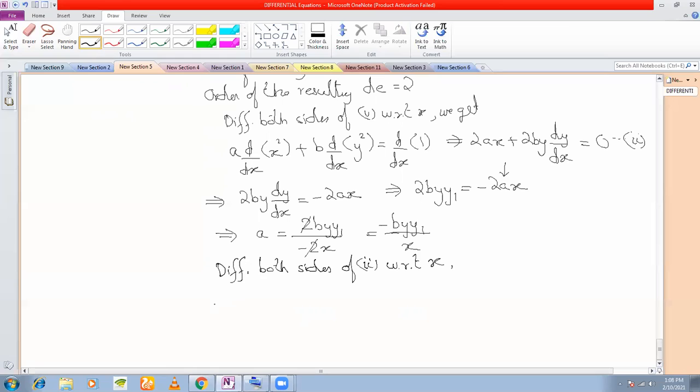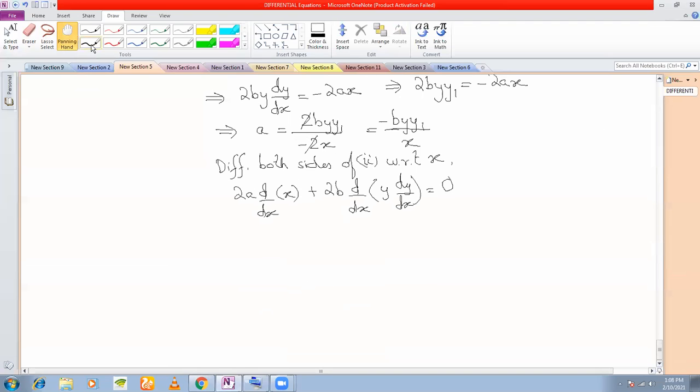What do we get? We get 2a d/dx of x, right? Plus 2b d/dx of y dy/dx, right? Is equal to 0. d/dx of 0 is 0. So what are we going to get here? We are going to get 2a plus 2b. And how do you differentiate this?